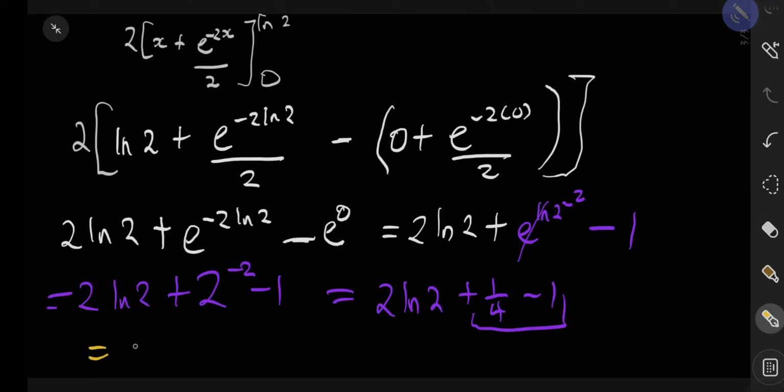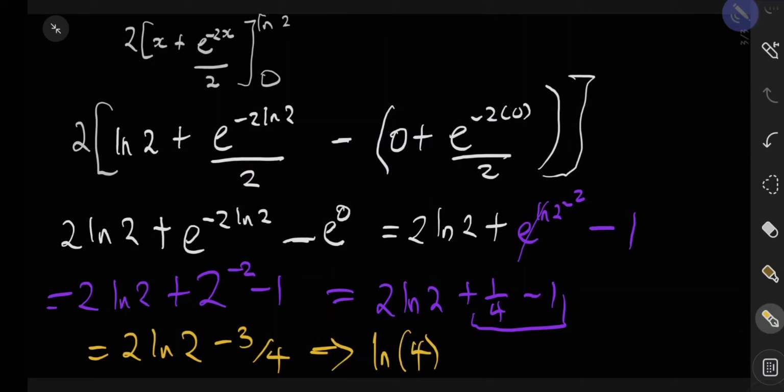So it means our solution is 2 natural log 2 minus 3 over 4, which of course can be written as natural log 2 raised to power 2, which is natural log 4, minus 3 over 4, and this is the solution.